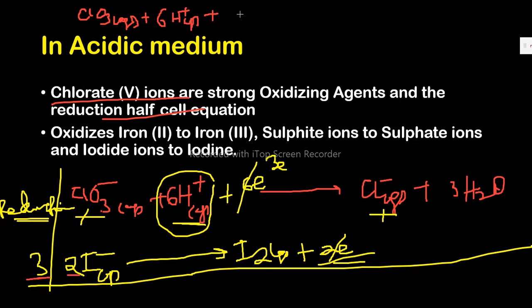You get 6. So plus 6 iodide ions, aqueous. We shall get our chloride, Cl minus, plus our 3 water, plus our 3 iodine, aqueous, plus our 3 water.